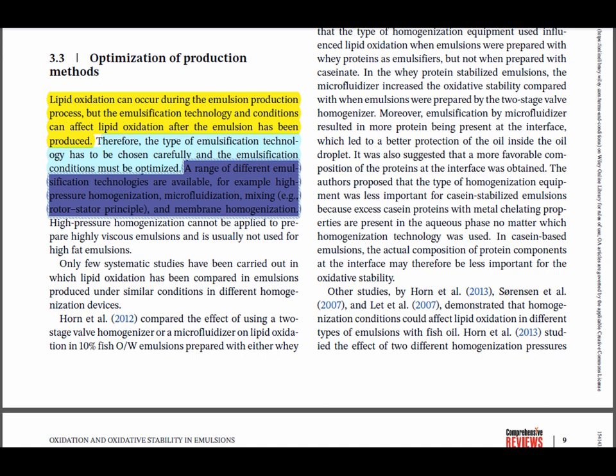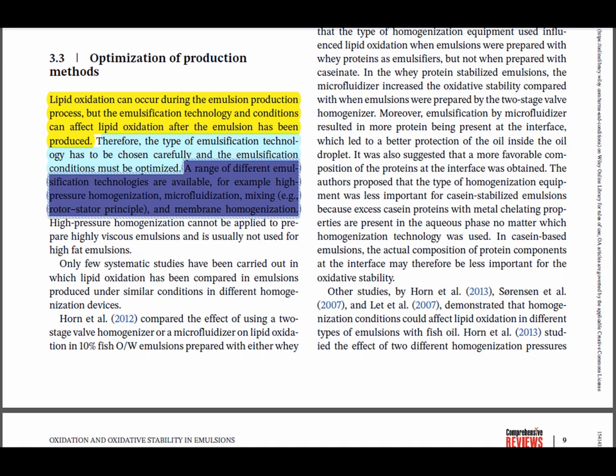Optimization of production methods can also be practiced to avoid the oxidation of emulsions. Lipid oxidation can occur during the emulsion production process, but the emulsification technology and conditions can also affect lipid oxidation after the emulsion has been produced.